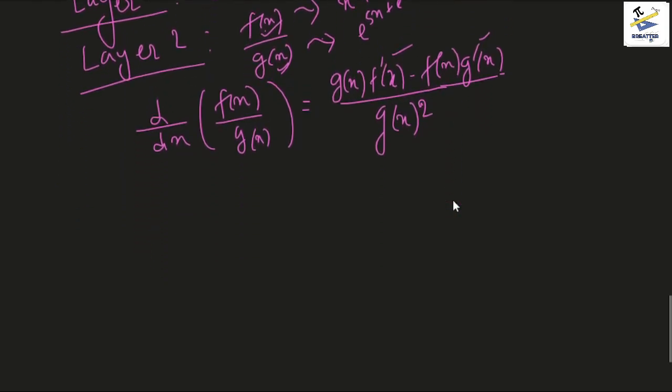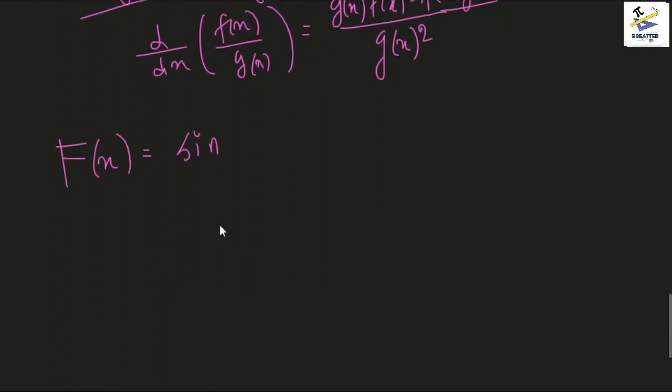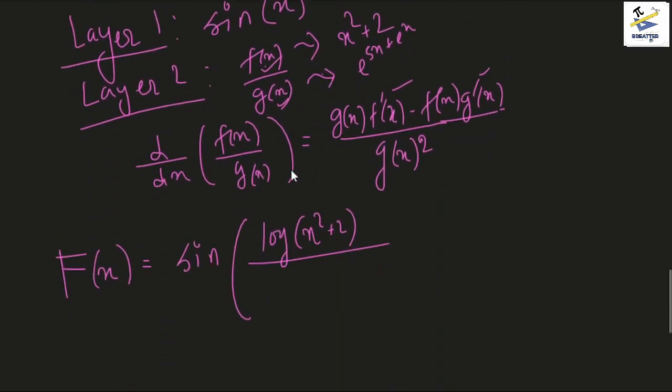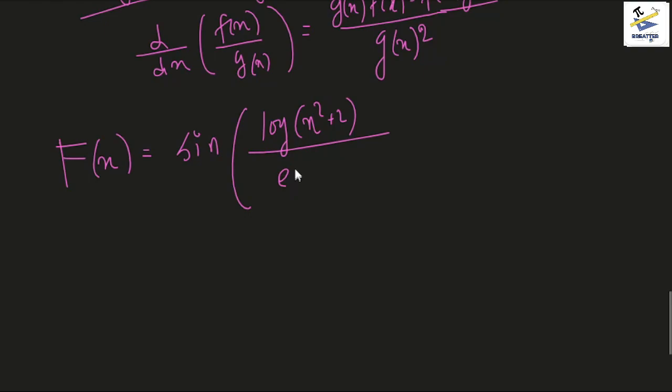So let's do this. Let us first define the function as capital F of x equals sine of log of x squared plus 2 divided by e to the power 5x plus e to the power x.